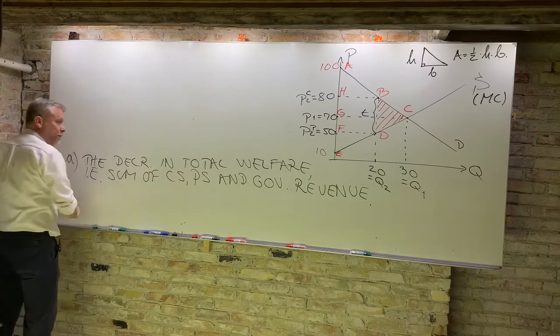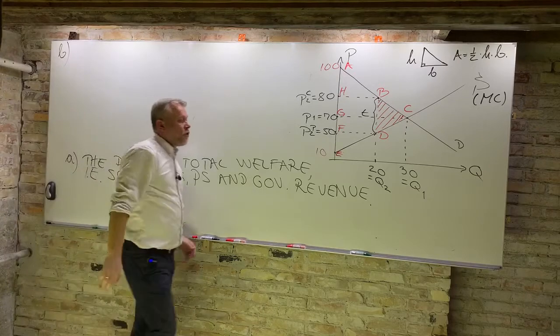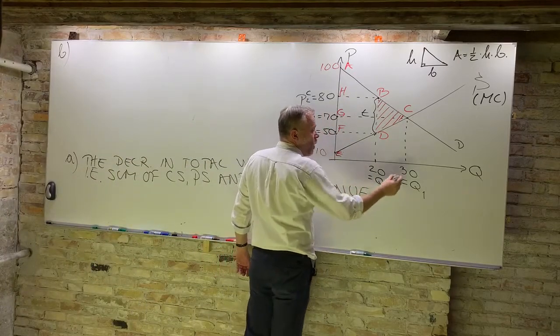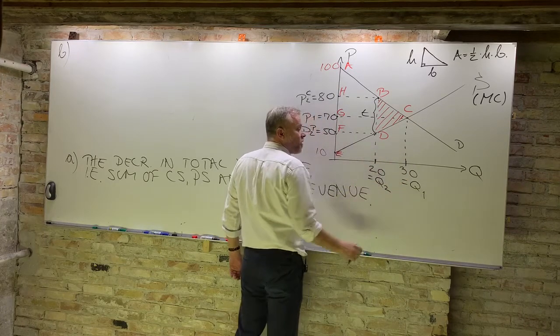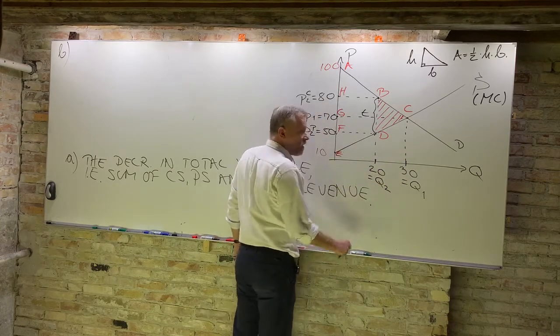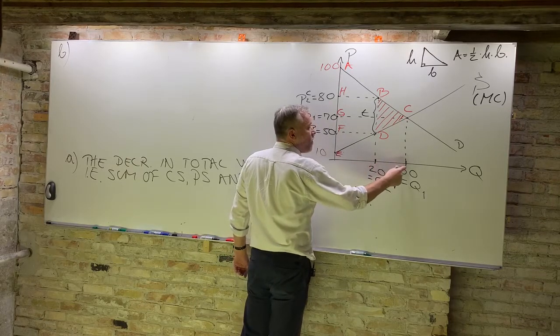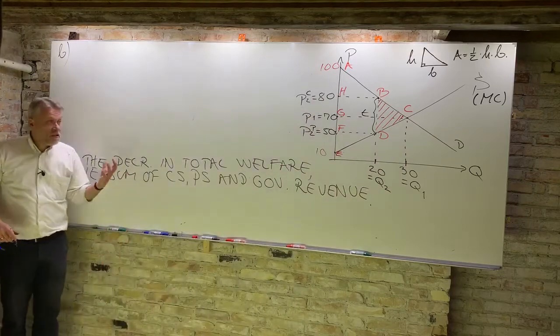Now, what then is the other way of thinking about the welfare loss? The other way is to look at what happens when you introduce the tax. When you introduce the tax, the equilibrium quantity decreases from 30 to 20. Now, there is a good thing and a bad thing about the quantity decreasing.